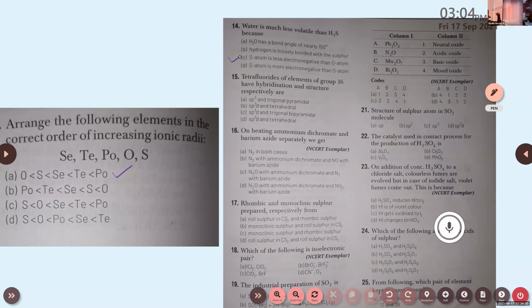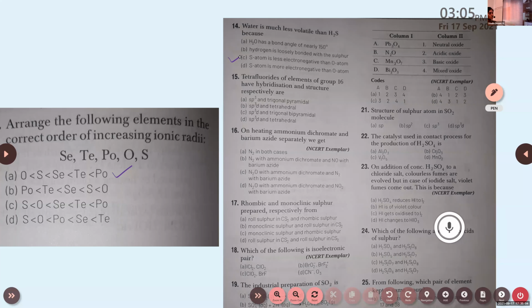Because when we are moving from top to bottom, electronegativity decreases, right? So the sulfur atom is less electronegative than oxygen atom. In the case of sulfur, it will not form hydrogen bonding with other molecules. In the case of the water molecule, there will be hydrogen bonding. So water is much less volatile than H2S. In hydrogen bonding, the bonding is very strong, so it will take more time to convert into vapors.